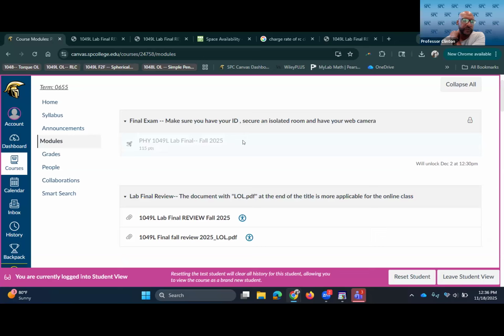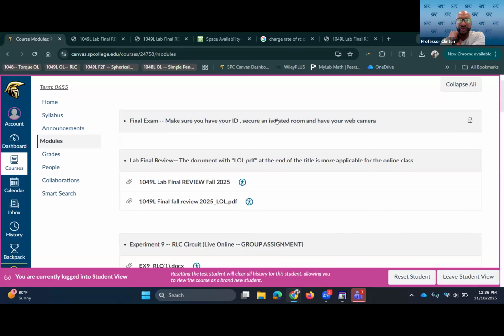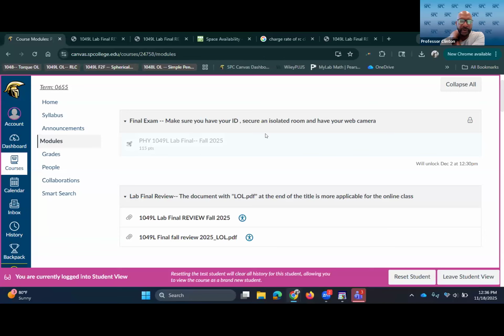So what you're going to need, if you don't already have it, I think I said this before in the past, is your ID. Make sure you can find a quiet, isolated room, for example, maybe a library that you can rent out, or utilize the room for a couple hours.